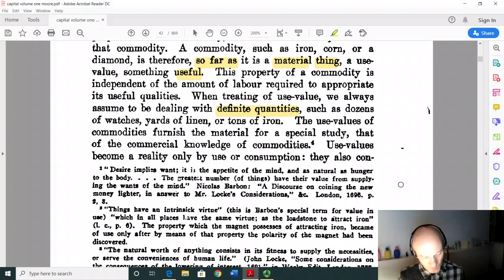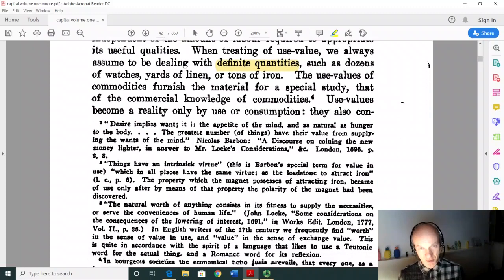Obviously water has been around much longer than we have, and before we were there, certainly water was not a use value. Water was just water. So it becomes a use value at the point where we are using it, because use value is a societal category, is a category of human society.